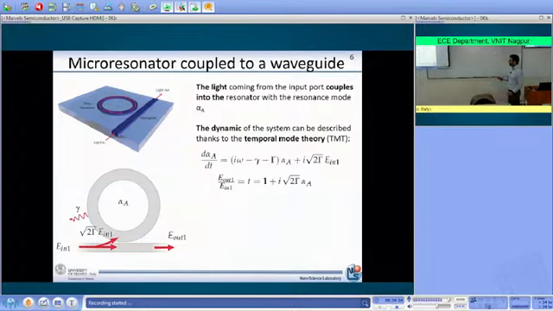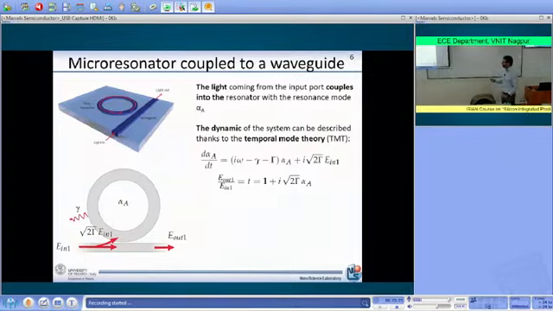If on the other side you have a negative contribution, it means that this contribution is going to decrease the intensity of the mode inside the microring resonator. If you have a positive contribution, the mode inside the microring resonator is going to increase. Okay? And so this equation tells you how fast, so the speed, the rate of temporal change of the mode intensity inside the microring resonator.